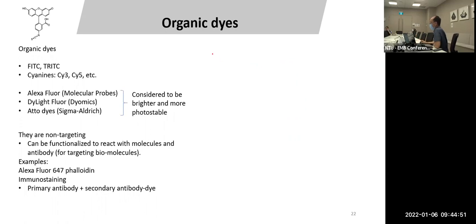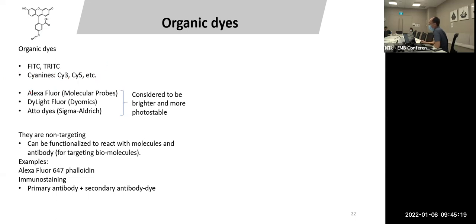So the last part is the organic dyes. What are organic dyes? Organic dyes are basically just small chemical dyes. You might be familiar with your FITC, which is fluorescein, TRITC, that's your rhodamine, and you have your classical Cy3, Cy5 dyes. I usually call them the classical, some people call them the older dyes.